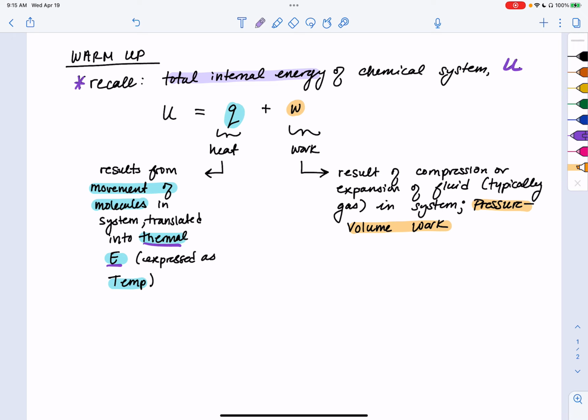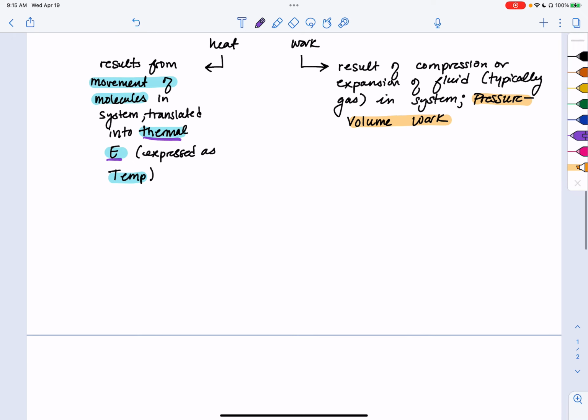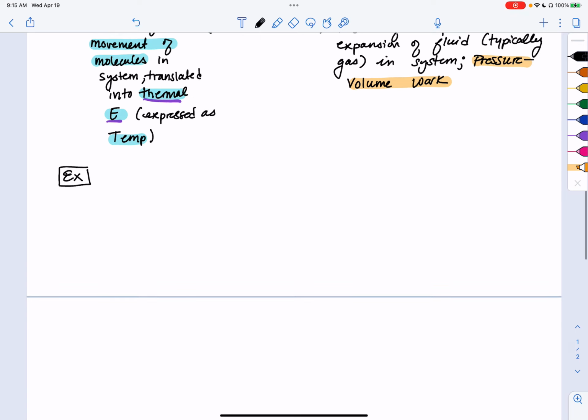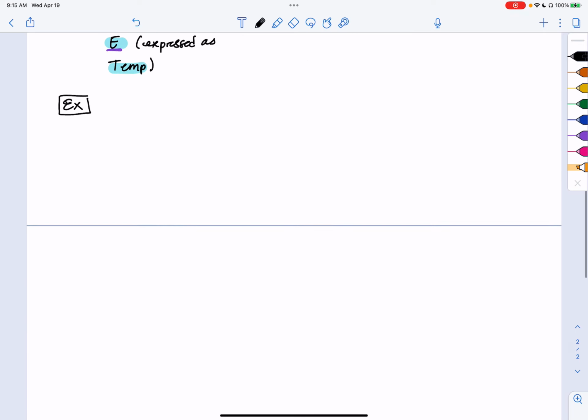All right. So let's do an actual warm-up. Let's do an example and remind ourselves about the sign convention that goes along with how the total internal energy of a system can change.